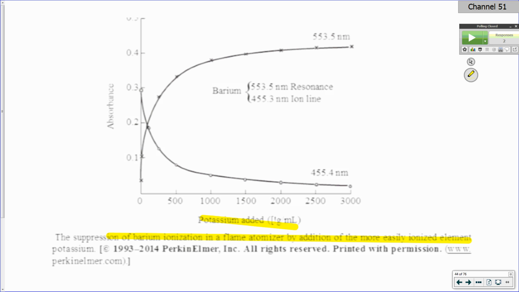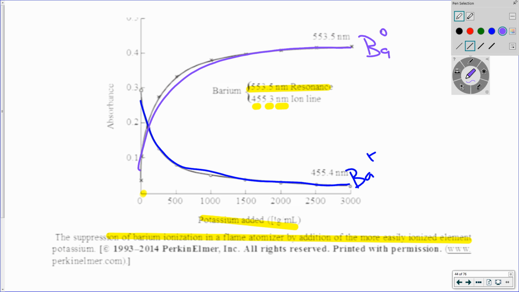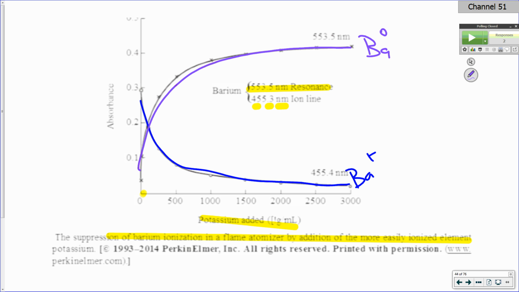This is the barium resonance line. This guy is the barium cation, where this other one is the neutral barium, the zero state. So with just the solvent going into the flame, I've got a very low signal associated with it.